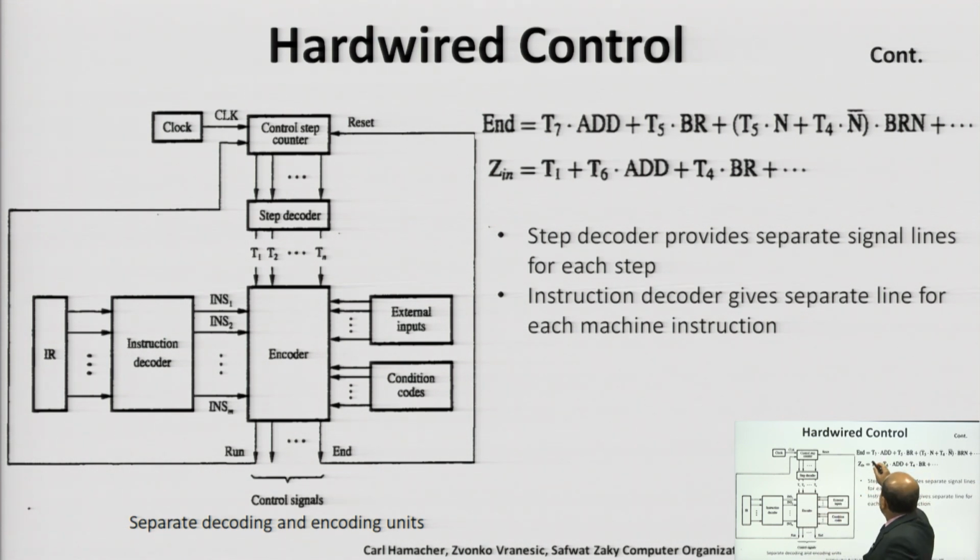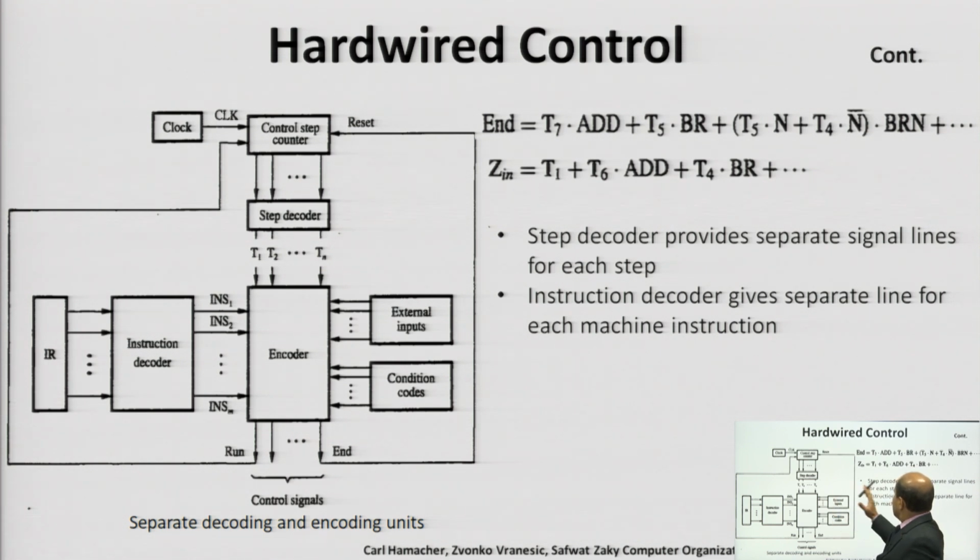You can see the AND command was issued at clock step number 7, and this was also issued in step number 5 when we were handling the branch operation, or also in the case of conditional branch operation with these steps. In the same way, the Zin control was issued in the first step and sixth step, and fourth step of the branch instruction execution.